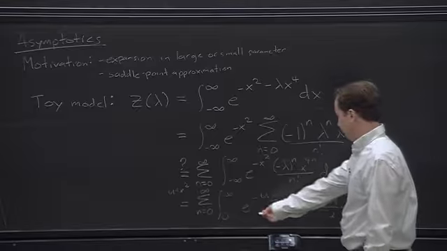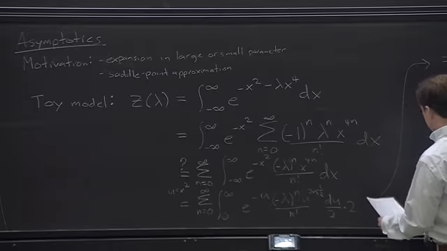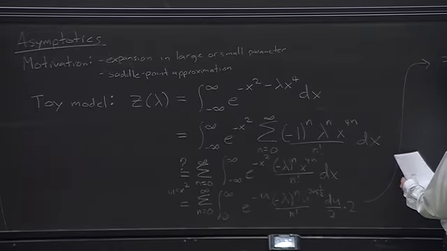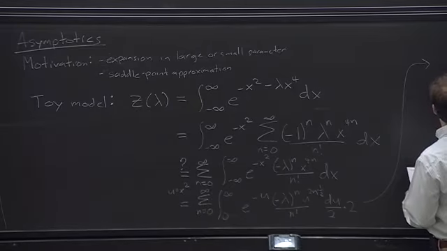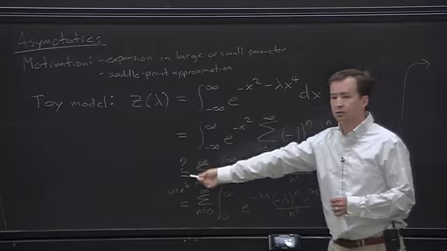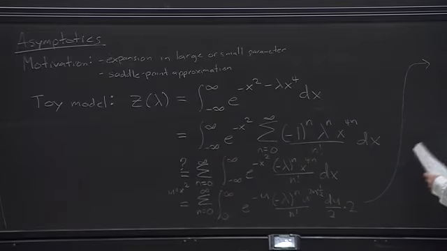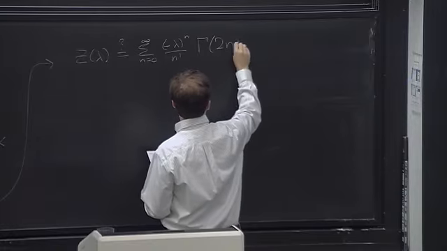And each of these integrals is a gamma integral. So what we get is that z of lambda, assuming this step is OK, is the sum from n equals 0 to infinity of minus lambda to the n over n factorial, times gamma of 2n plus a half.